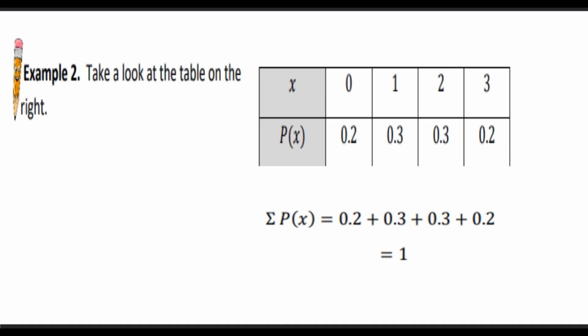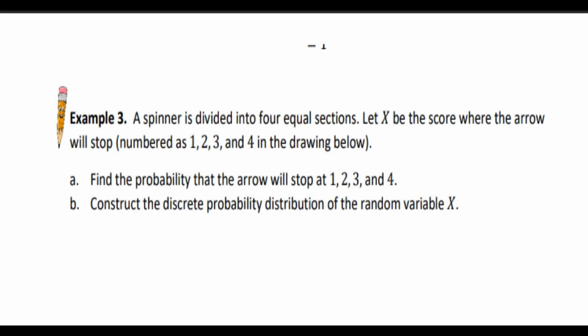And if we determine the summation of the probability, that is 0.2 plus 0.3 plus 0.3 plus 0.2, which is also equal to 1, satisfying the second property of a DPD, or discrete probability distribution.